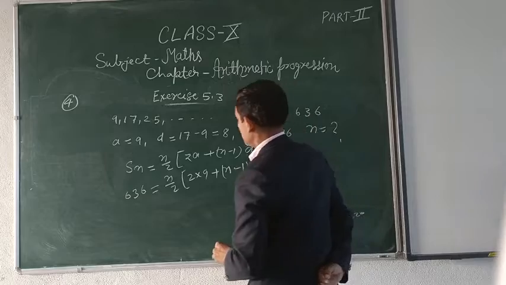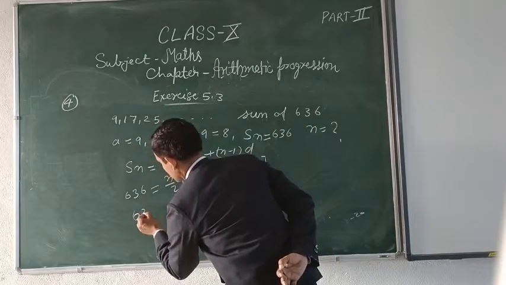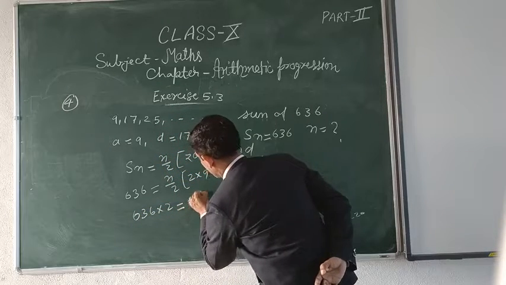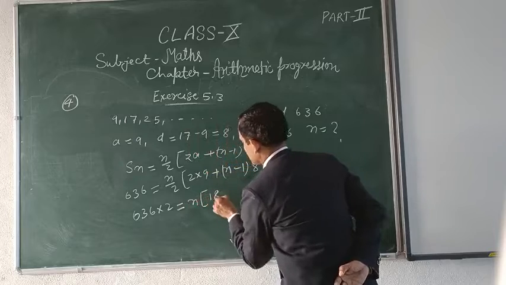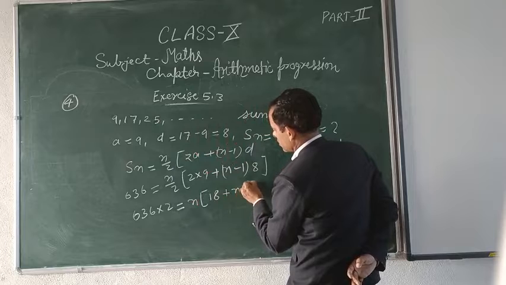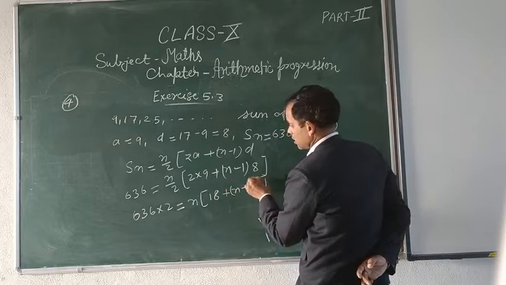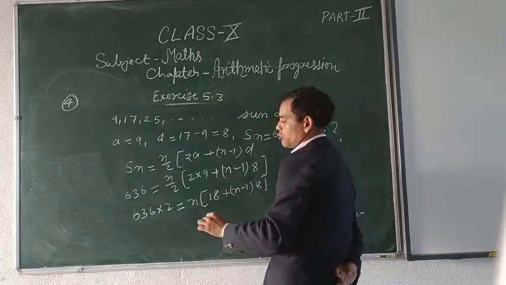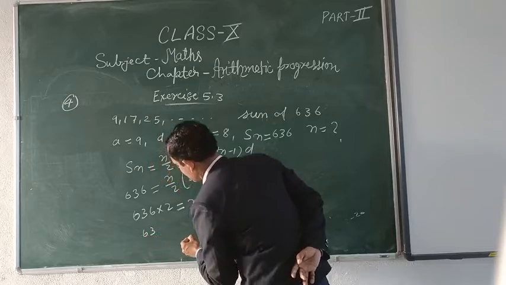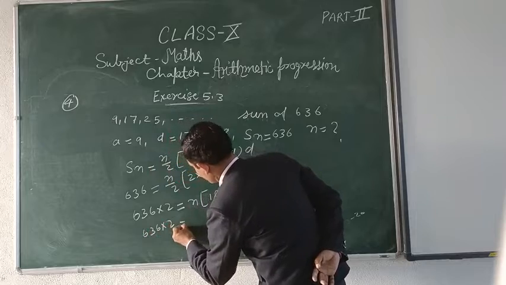Then it will be 636 into 2 equal to n in bracket 18 plus n minus 1 into 8. Here there is no need to multiply them, because at last they will cancel.